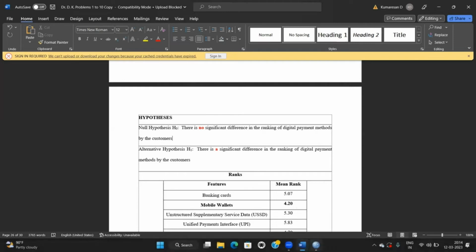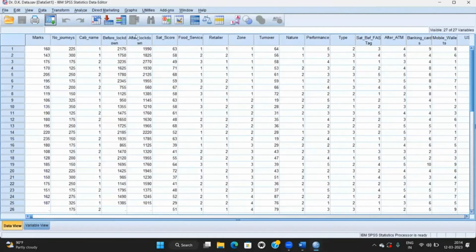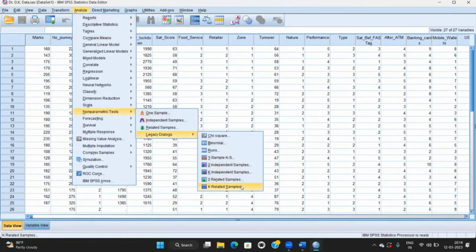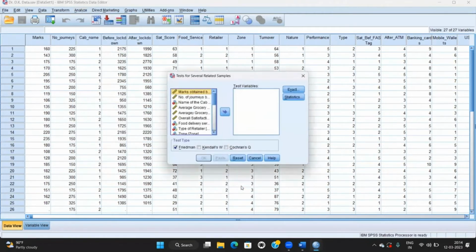Now go to the analysis. Analyze, non-parametric tests, legacy dialogs, K-related samples, the last one. So test for several related samples. The only thing is test variables, no grouping variable.